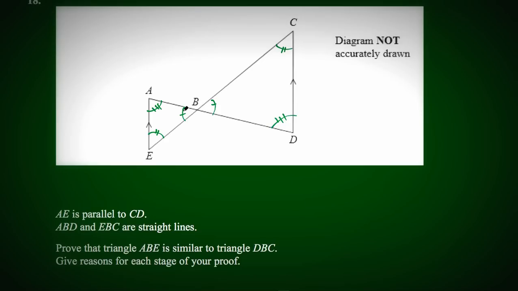So firstly, I can use these ones because this is a simple rule to give. Angle ABE equals angle CBD, because vertically opposite angles are equal.